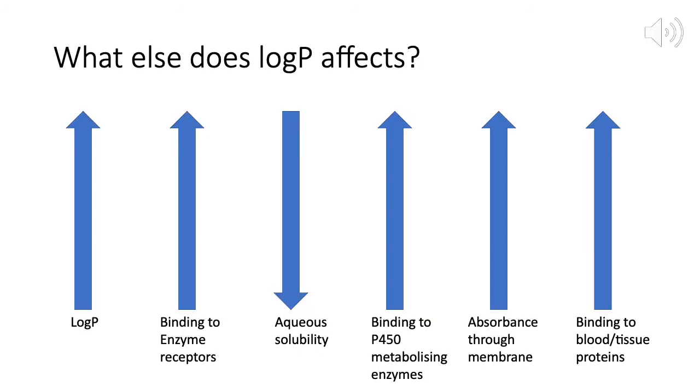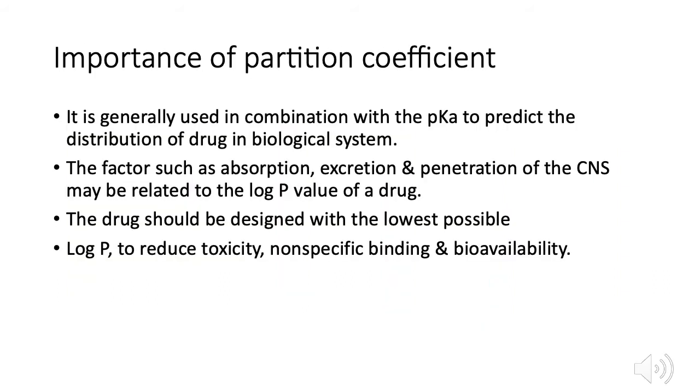So what else does logP affect? With increasing logP, we can get increasing binding to enzyme receptors, a decrease in aqueous solubility, an increase in binding to P450 metabolizing enzymes, an increase in absorption through the membrane, and binding to blood and tissue proteins. So that is the importance of the partition coefficient.